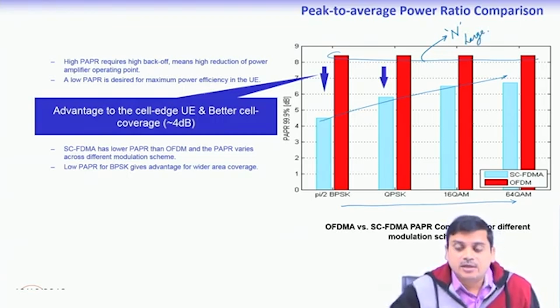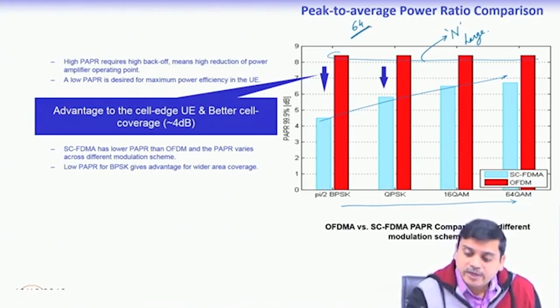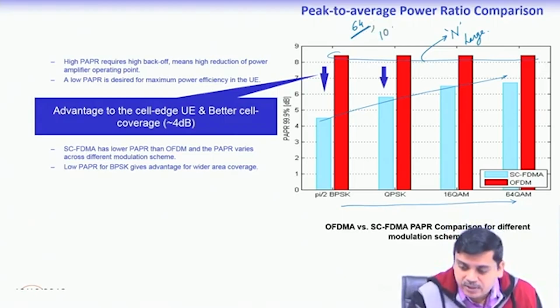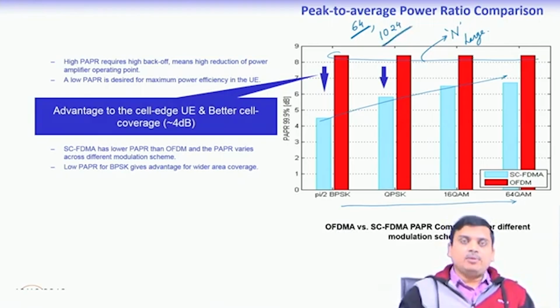If you look at Wi-Fi, which is a very small number, it is 64, which is also not small. If you look at LTE, the number is around 1024. If you go for the 5th generation, the number is even larger. Okay. But there are other mechanisms by which one can think of effectively or practically having a lower PAPR.